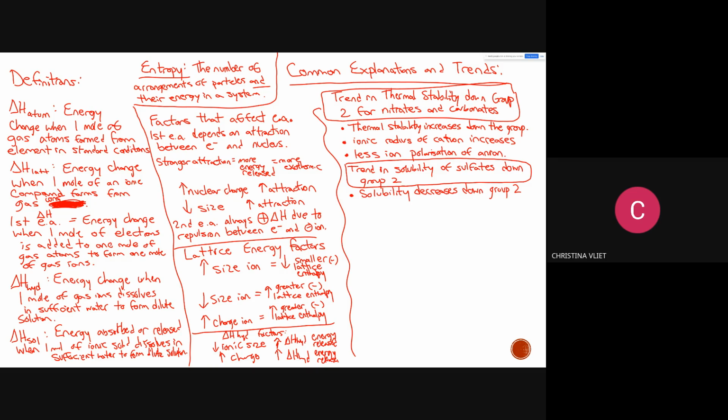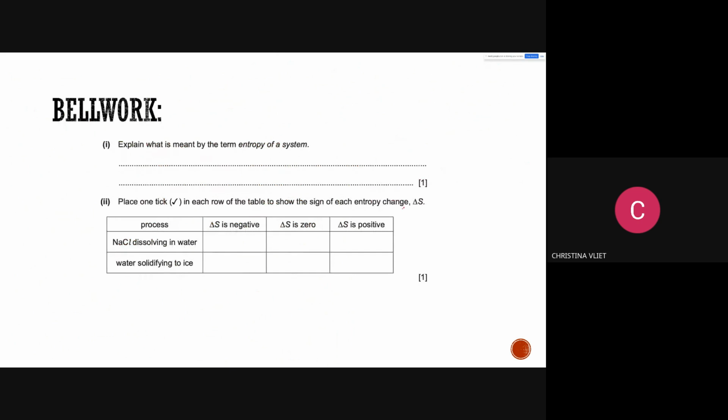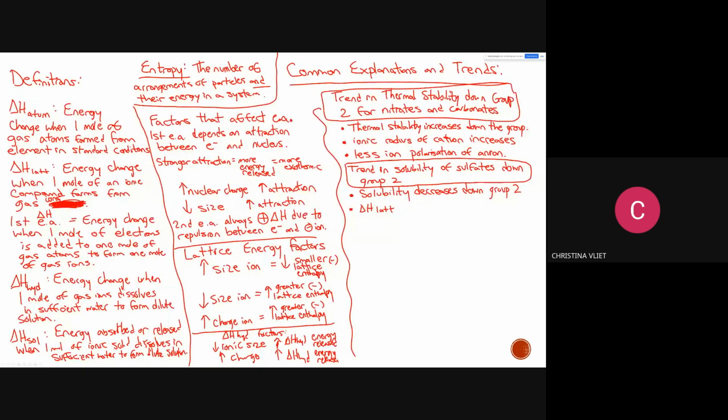That's one possible point. The next point that's the same in both explanations is that solubility relies on 2 factors, the lattice enthalpy and the hydration enthalpy. We have the equation for that. So the delta H lattice and the delta H hydration both become less exothermic.